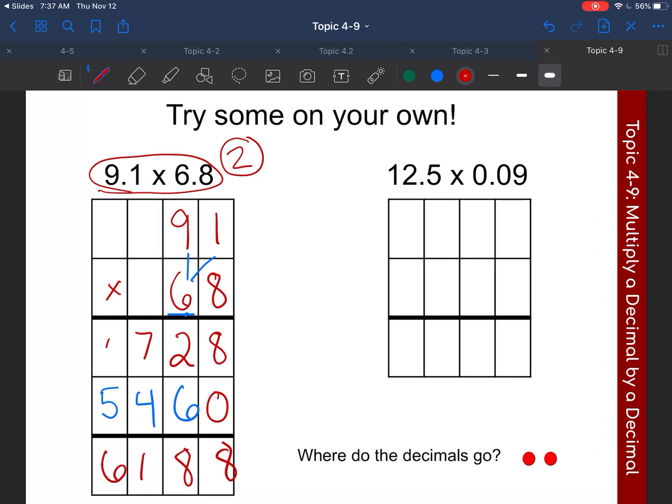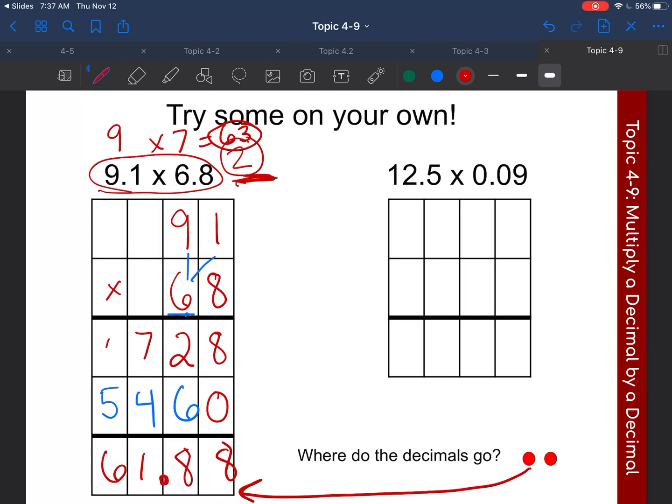Again, let's estimate. 9 and 1 tenths is around 9, and 6 and 8 tenths is around 7. So our answer is going to be around 63, and our answer should have 2 decimal places. So in 6,188, drag over the decimal where you think it should go so that it is close to 63 and has 2 decimal places.